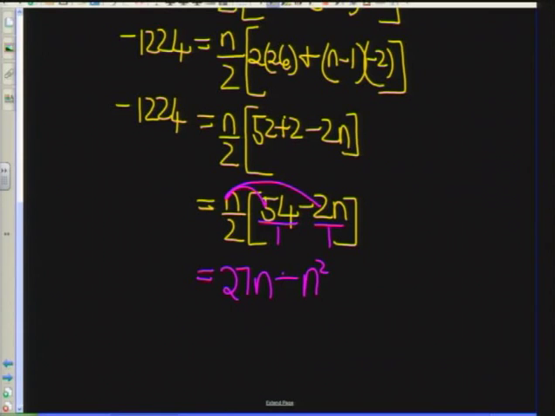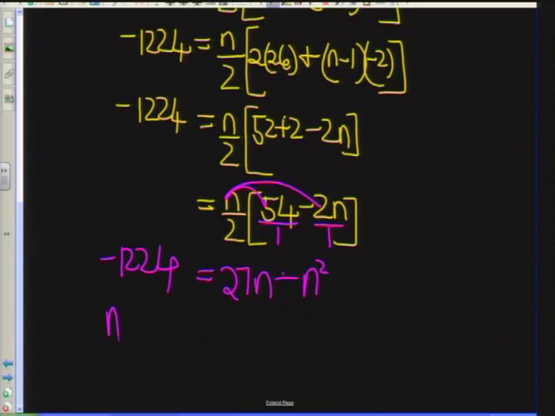And what happens is that the 2 and the 2 there cancel each other out. Right. Now, you guys should be able to see that what I've got forming here is a bit of a trinomial.